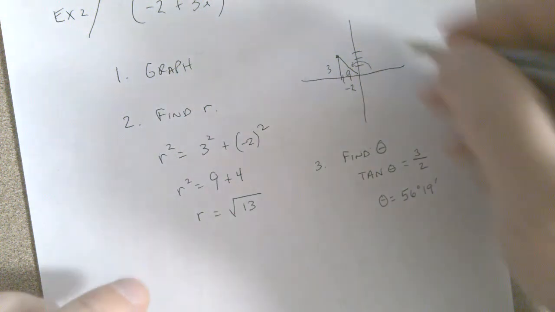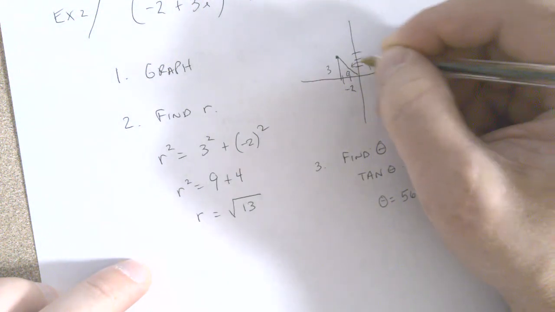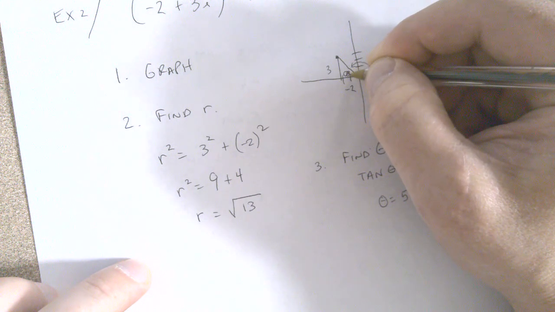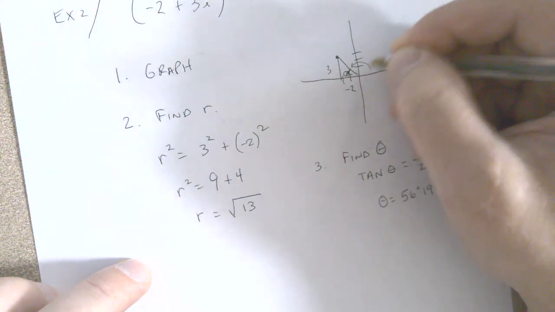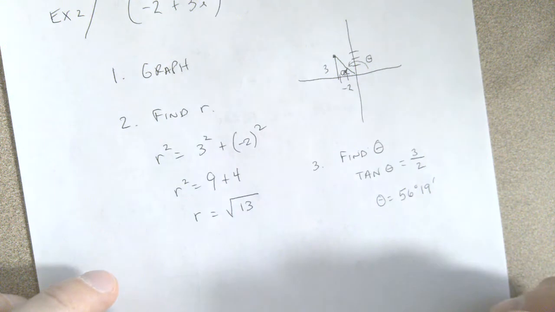It's good to think about what I mean when I say theta. Theta is the angle going from 0 to that. Sometimes we call the angle in the triangle alpha, and then this would be your theta, because theta is what we're trying to find.